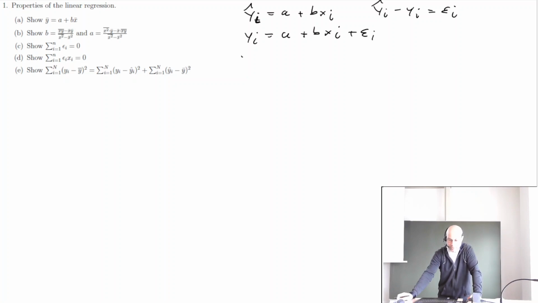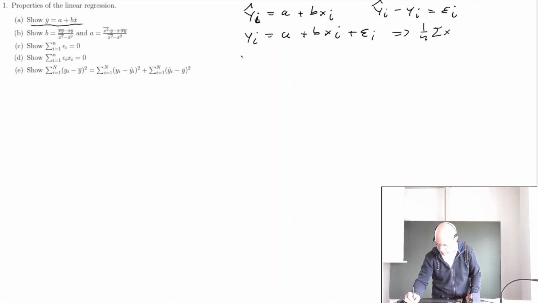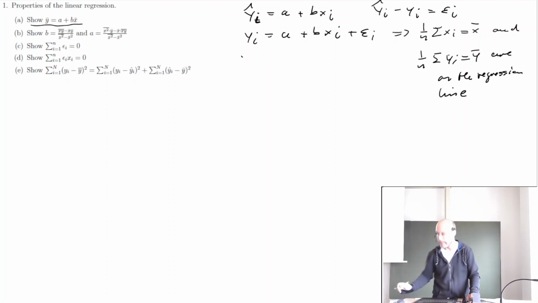So first of all, we want to show that the means of y and x are lying on the regression line. So that means 1 over n sum xi equals x bar and 1 over n sum yi equals y bar are on the regression line.